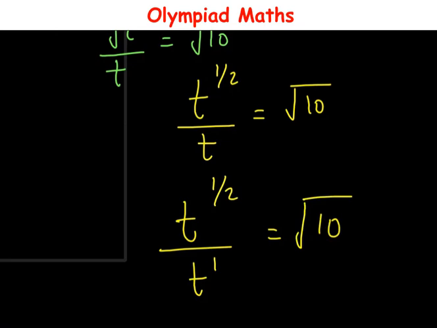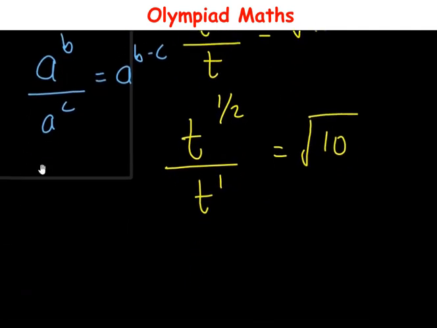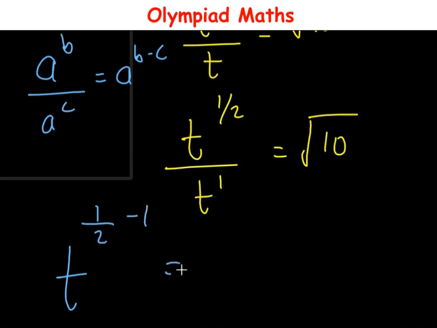Now from here, there's a rule of indices that if you have a raised to power b over a raised to power c, this equals a raised to power b minus c. So you pick one of the base, and since they are joined by a division sign, you subtract the powers. So applying the same rule right here also, we have the same base t, so pick 1 and then subtract the powers. So t raised to 1 over 2 minus 1 is equal to square root of 10.